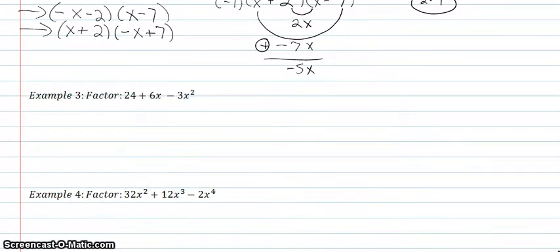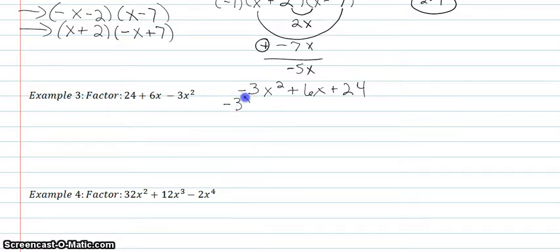Okay, our next example, we need to put these terms in order. We would have a negative 3x squared plus 6x plus 24. And then here we have a common factor and we have a negative x squared. So we need to factor out a negative 3.